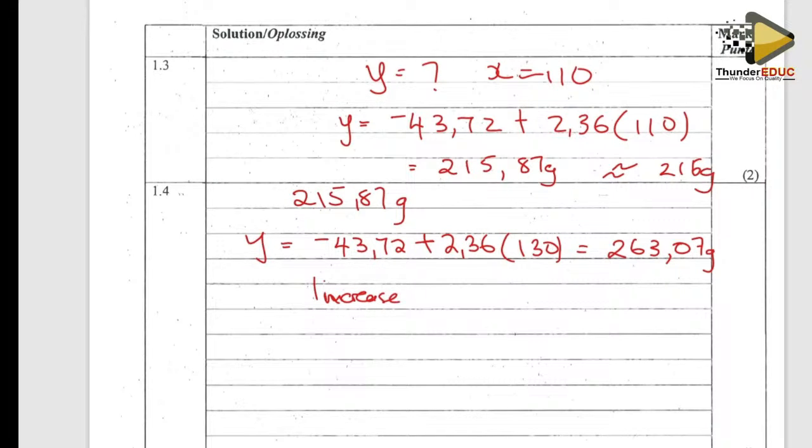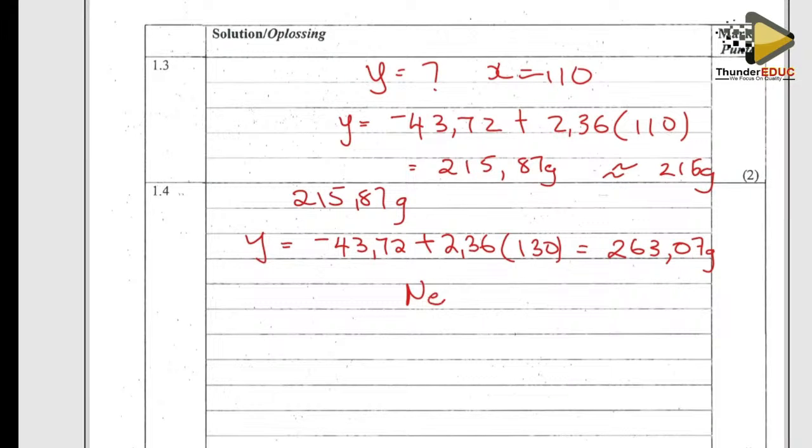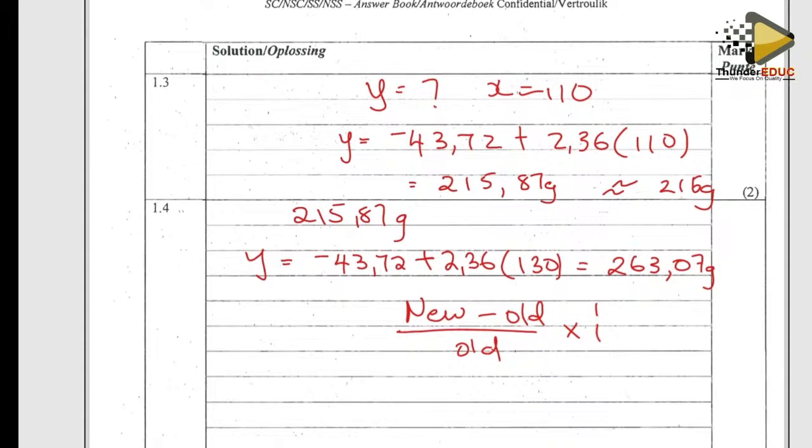Now, for us to calculate the percentage increase, it will be just more like the increase. I hate using that formula. I would rather say the new weight minus the old weight over the old weight times 100%.